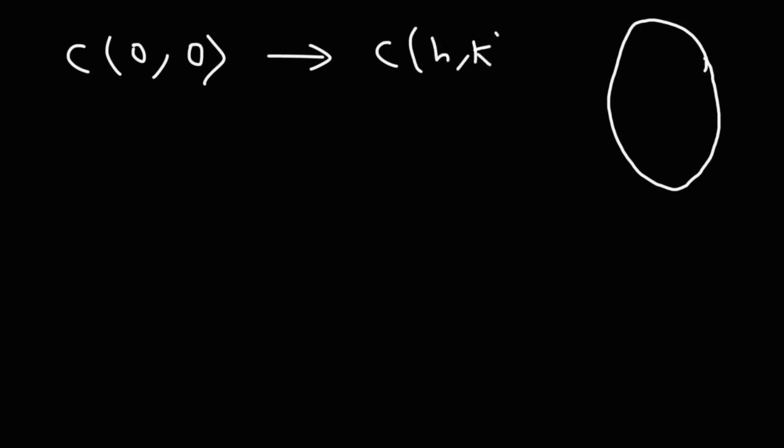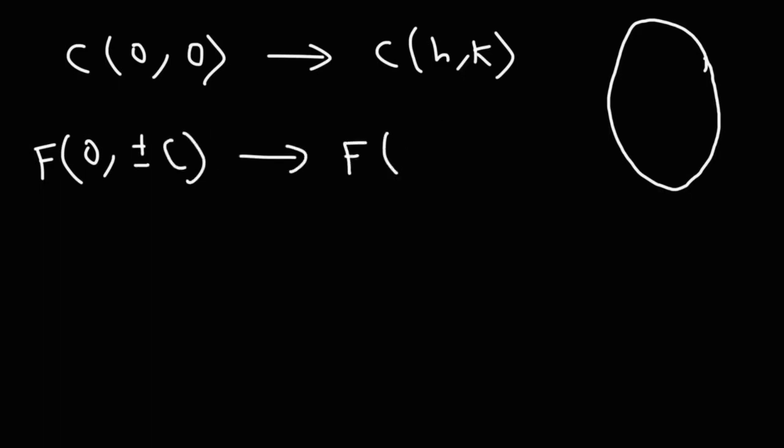Now let's consider the situation if we have a vertical ellipse. As the center shifts from the origin to some point h comma k, let's see what's going to happen to the foci. So the coordinates of the foci, if the center is at the origin, is 0 plus or minus c. When the graph has shifted from the origin, it's going to be h comma k plus or minus c.